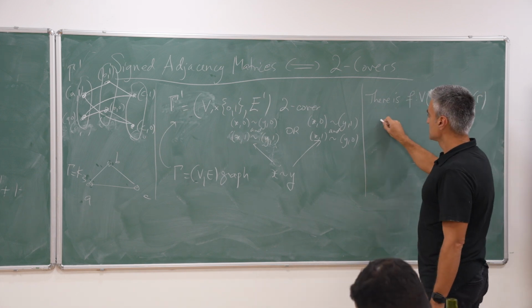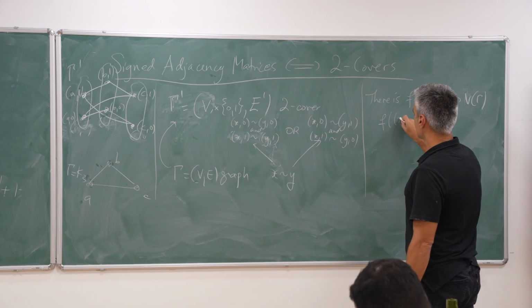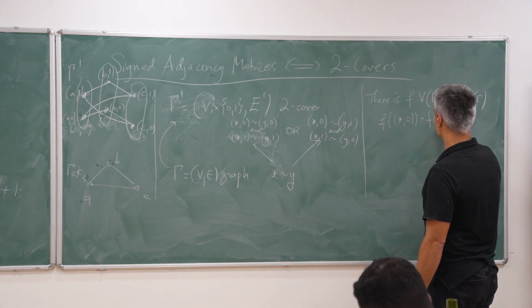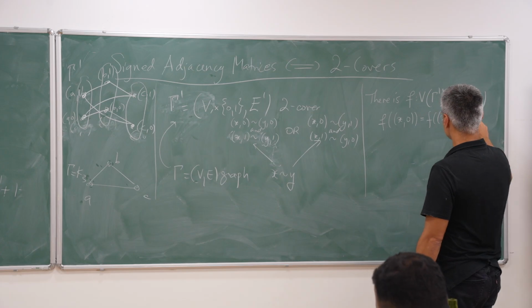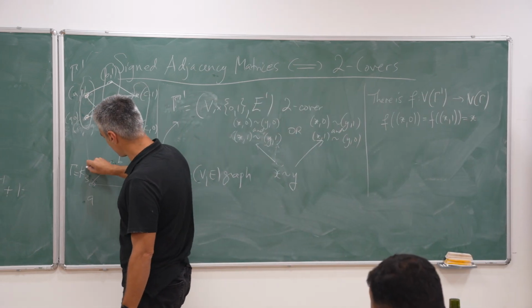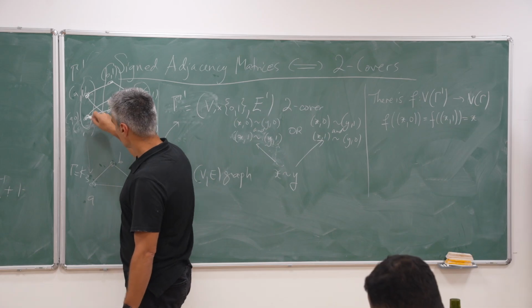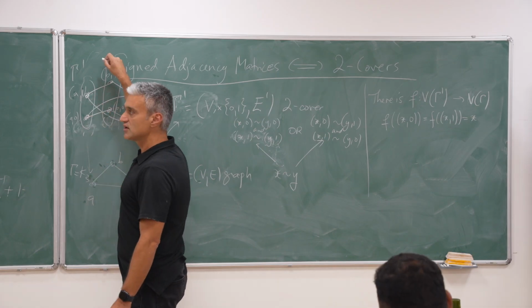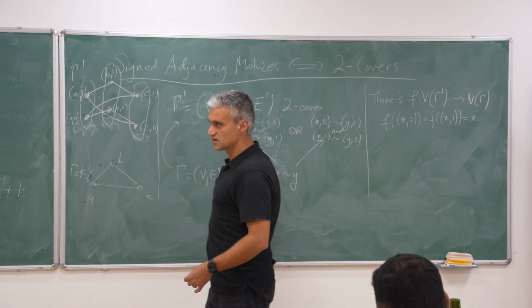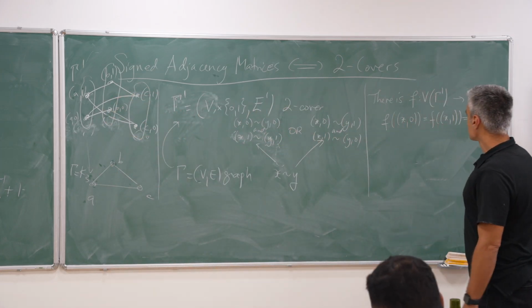This function takes f of x0 equals f of x1 equals x. So basically these two vertices, A0 and A1, I map into A, and B0, B1, I map to B, so they're covering in that sense.